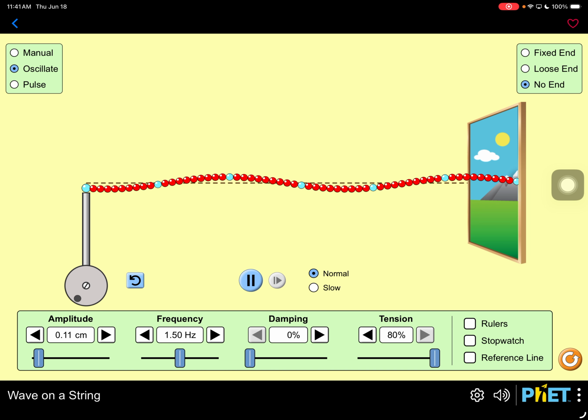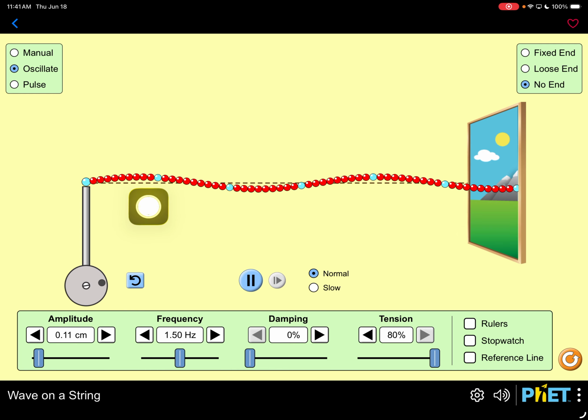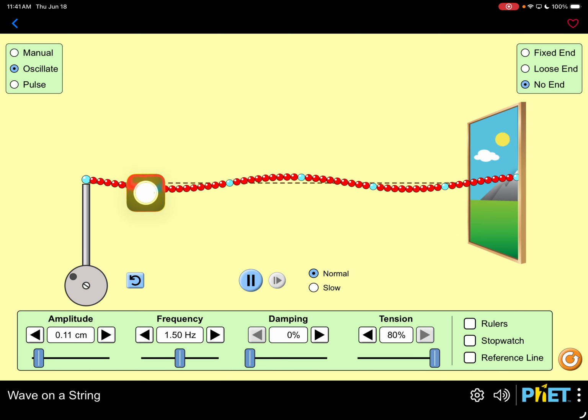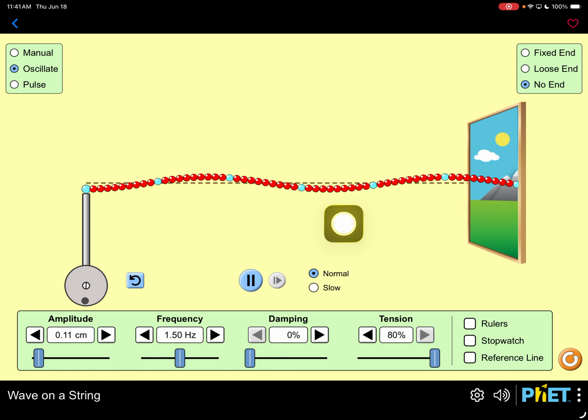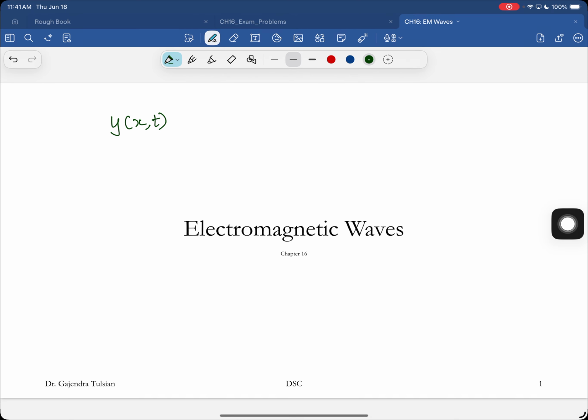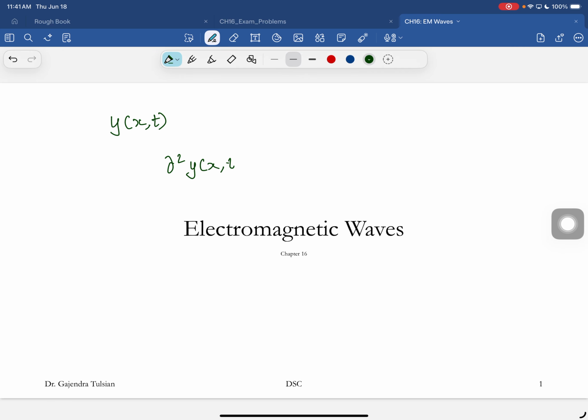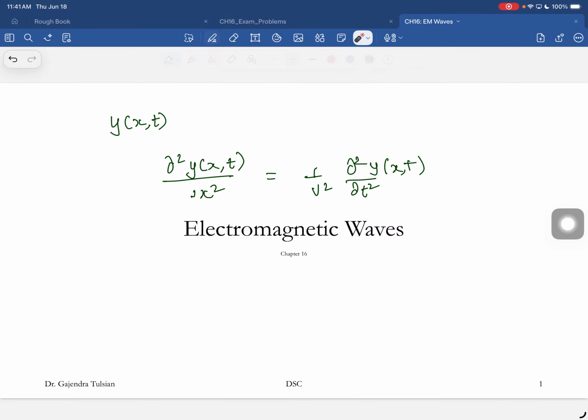Very good. We want to come up with a mathematical model for this system. The motion of this string obeys this partial differential equation, and this is the wave equation.